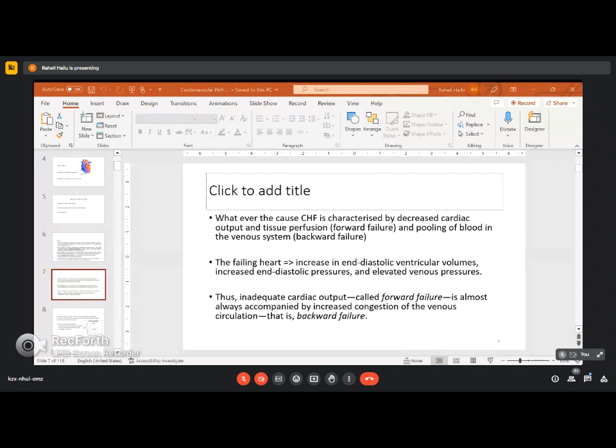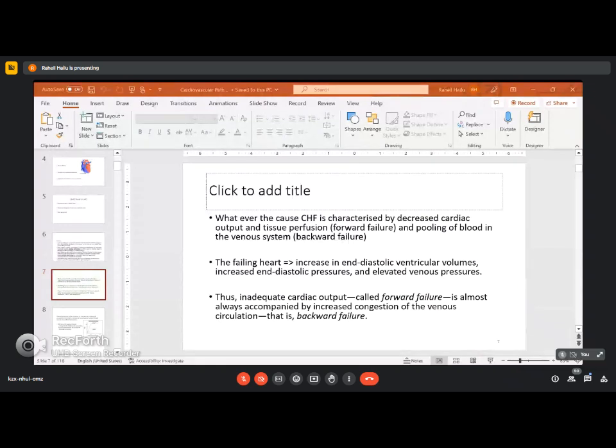After filling of the ventricle, anybody can guess why a failing heart ends up with this? That's correct. Very nice. Why do you think there will be an increase in the end-diastolic ventricular volume?